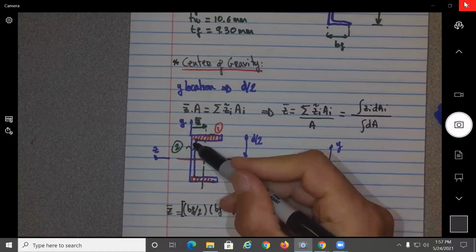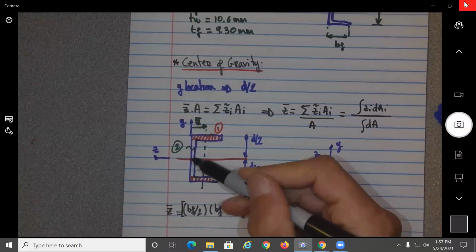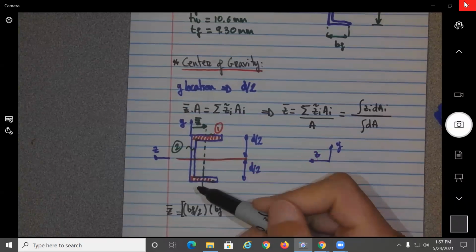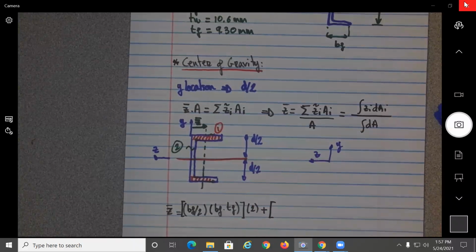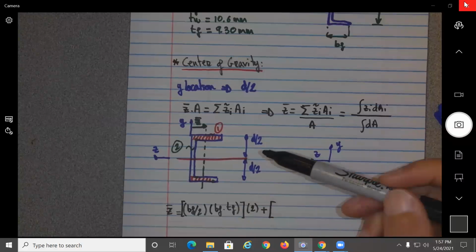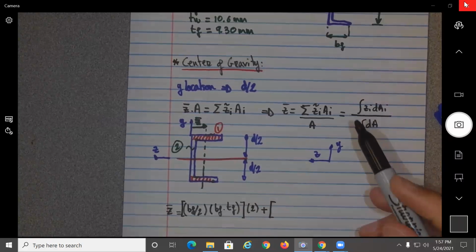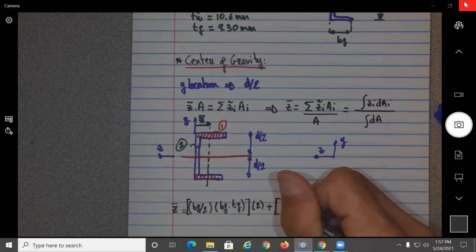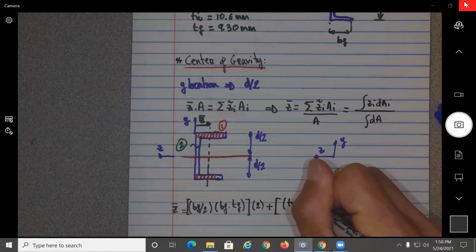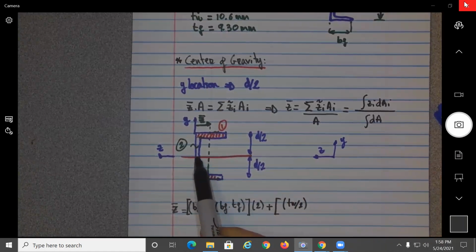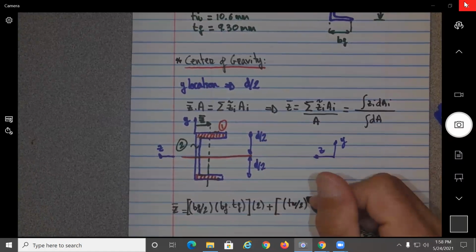I'm going to do the middle one here. Instead of the flange, I'm going to do the web. What would be the area of the web? Or first, what would be the location of the Z? Should be, we follow the same, will be T web divided by 2, no? Should be right in the middle of this one. And now what would be the area?